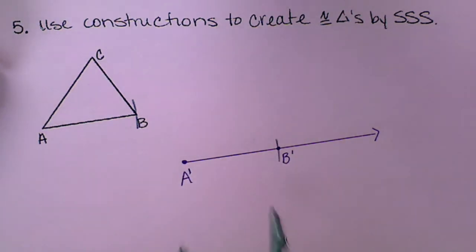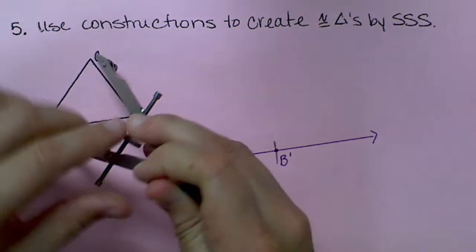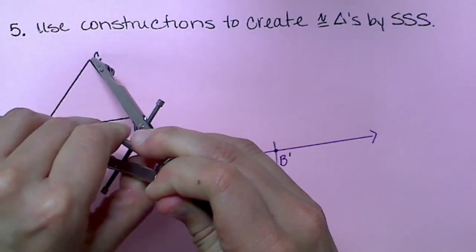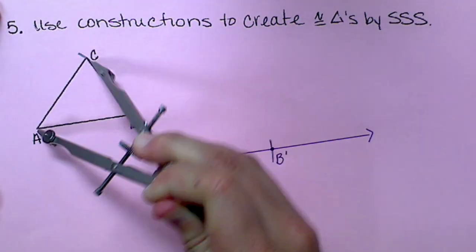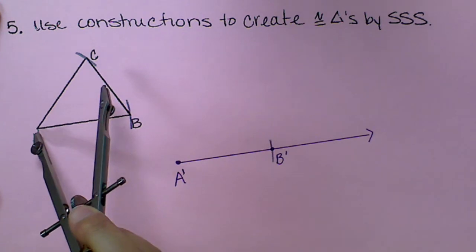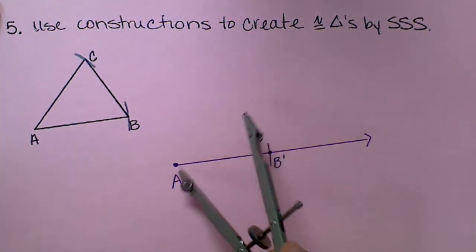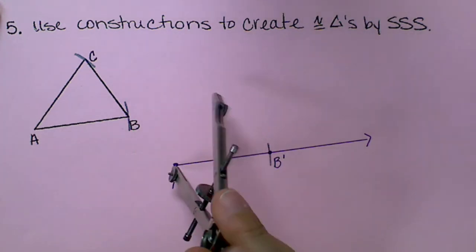So I'm going to repeat the steps a second time. I'm starting at A, I'm measuring to C, I'm creating a radius arc at C to show I had that measure. I'm coming back over to my A on my drawn ray.